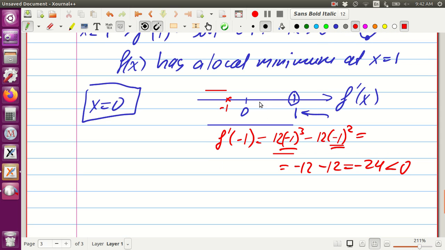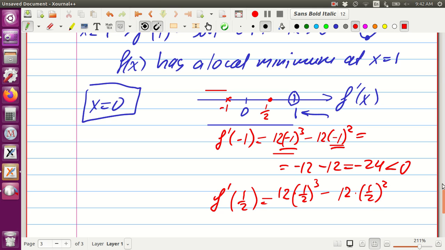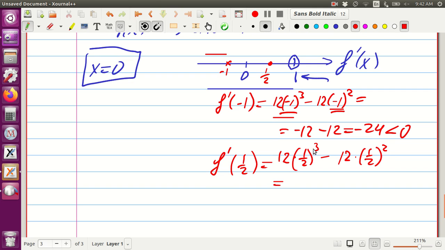Then we need to take a testing point between 0 and 1. Let's take 1/2. All right, so we need to calculate f prime of 1/2. So it's going to be 12 times 1/2 cubed minus 12 times 1/2 squared. 1/2 cubed is 1/8, so it's 12 over 8 minus, and 1/2 squared is 1/4.